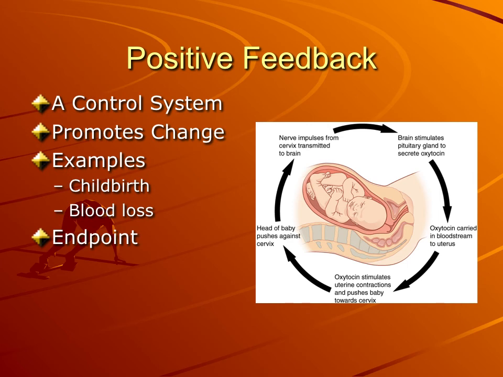That causes the brain to release a hormone, oxytocin. This hormone goes to the uterus and it causes muscle contractions, particularly those that push the baby against the cervix, the birth canal. And this further stretching will cause even more contractions until the child is born.